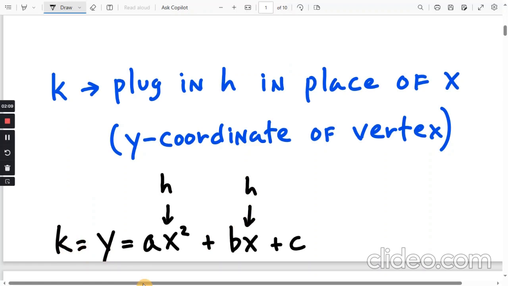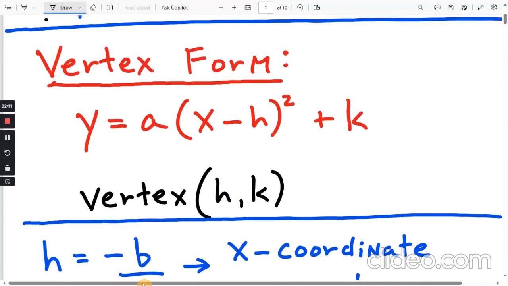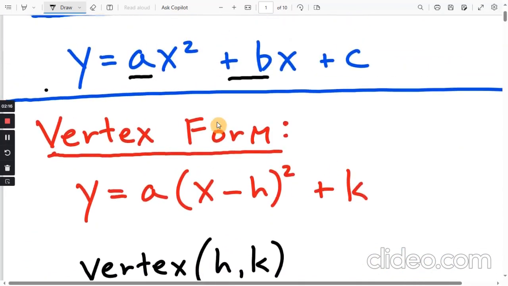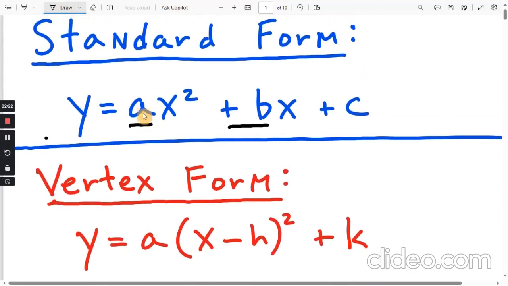Once you have the h and the k, you can use them to write this equation right here. And the value for a, you will just get from the equation when it was in standard form. This a and this a will be the same, given that it's the same equation.